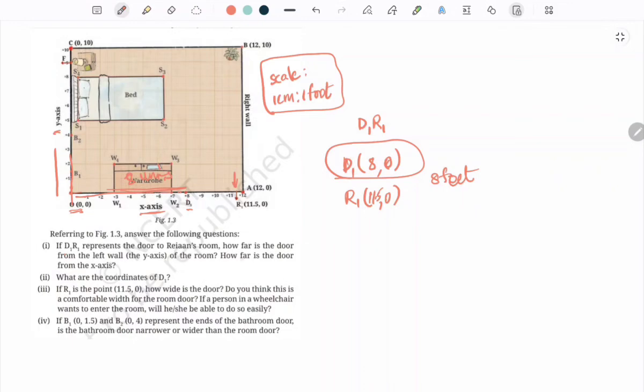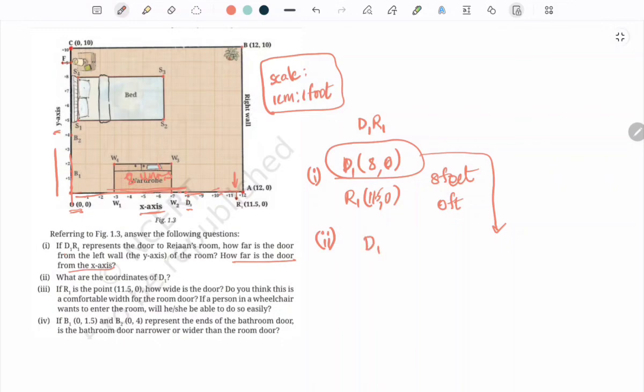That's the first answer. How far is the door from the x-axis? This is the x-axis. The door lies on the x-axis, which means the distance will be 0 feet. That's the first question, so simple. We'll go to the next one. What are the coordinates of D1? As we have already solved, this is D1.